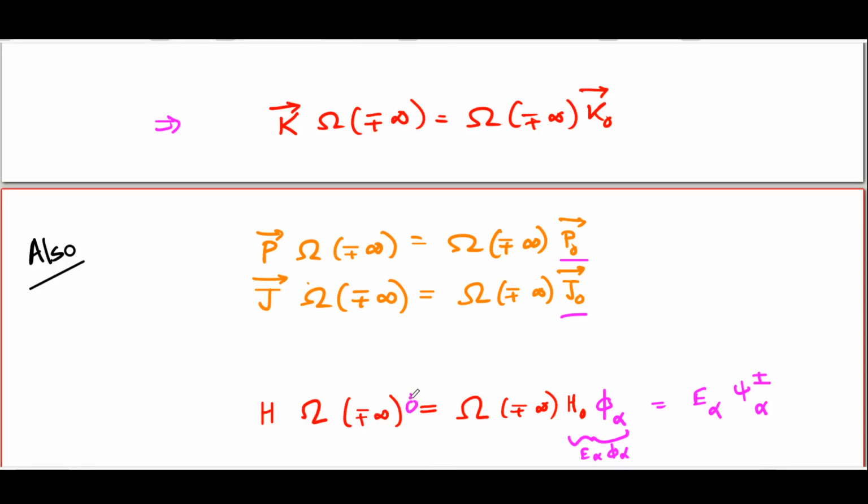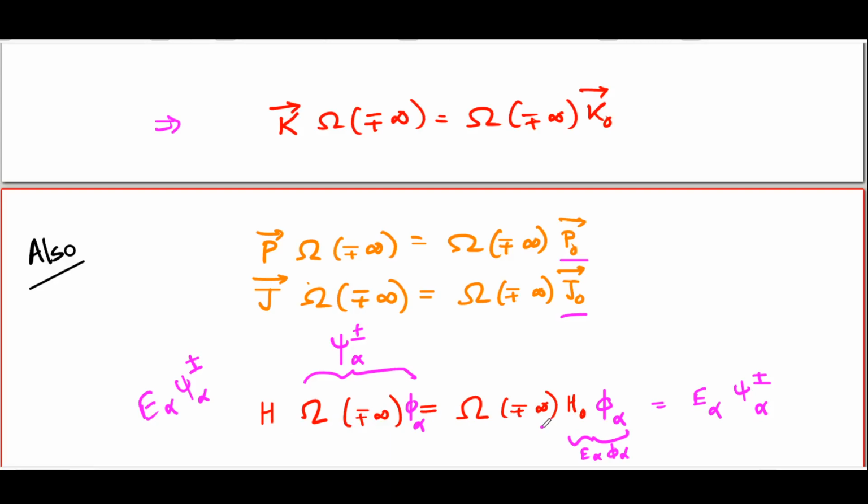What about the action of the left hand side on phi alpha? Well, if you were to apply omega minus plus infinity on phi alpha, this will give you psi plus minus alpha. And since psi plus minus alpha are H eigenstates, you will get the same result, that is E alpha psi plus minus alpha on the left as well.